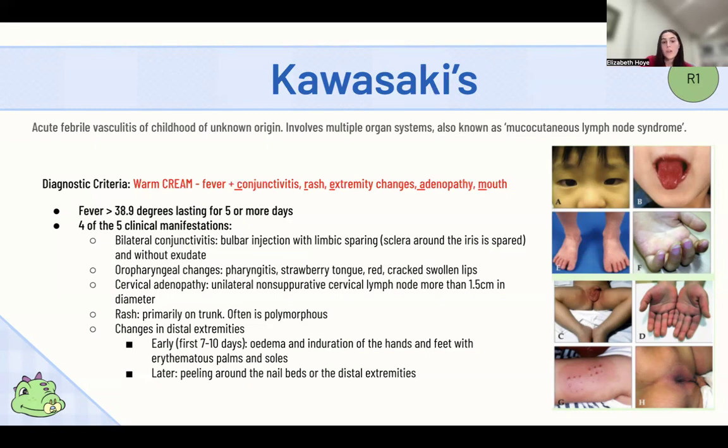And then CREAM refers to at least 4 out of 5 of conjunctivitis, a rash, extremity changes, adenopathy, and then mouth changes. So that's like pharyngitis or a strawberry tongue, which you can see labeled as B on there. So I won't go through all the specifics, but just remember that. It's quite a specific diagnostic criteria.